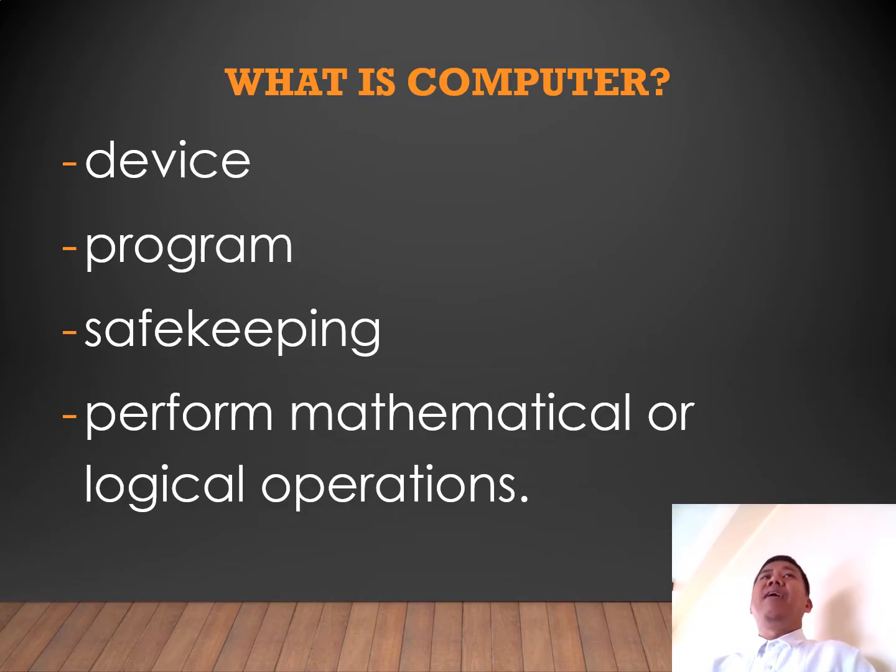But as years go by, computers have evolved to many functions, not only for mathematical or logical operations. What is very rampant or very relevant today is the use of it as a connection to the outside world, as a connection to the many other people around the globe.